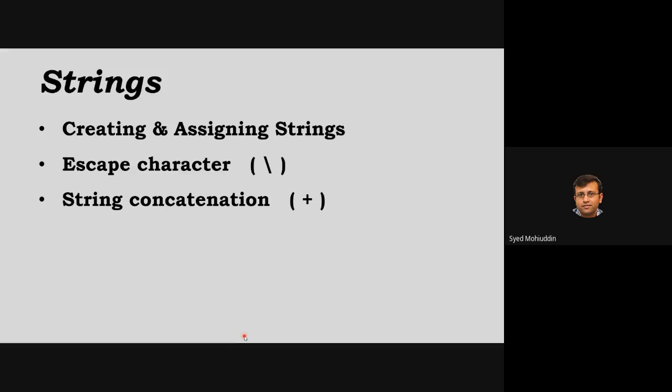Now, the plus operator, what we talked about in arithmetic: if two operands are numbers, that is integers or floating point numbers, then the plus symbol will be used as an addition operation. But if both the operands are strings, then only the plus symbol is used as a concatenation operator.